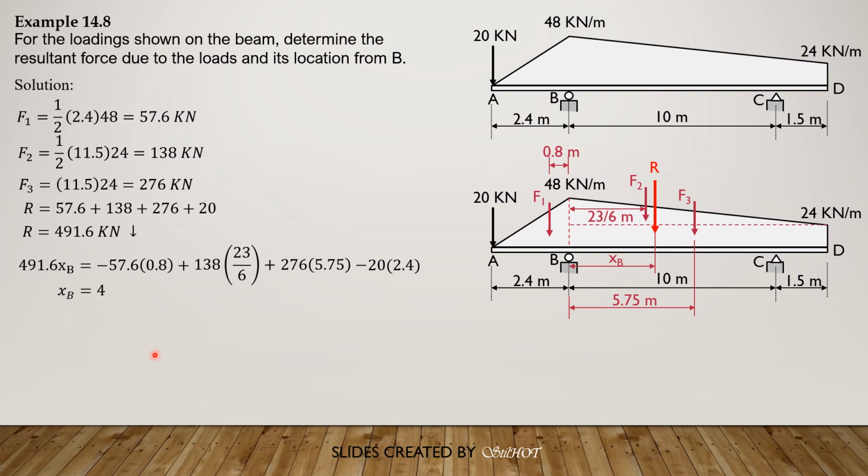So solving for x sub B is 4.113 meters and R is 491.6 kilonewtons. So therefore, the resultant is 491.6 kilonewtons downward and it is acting 4.113 meters to the right of point B.